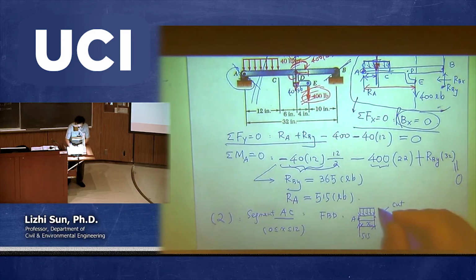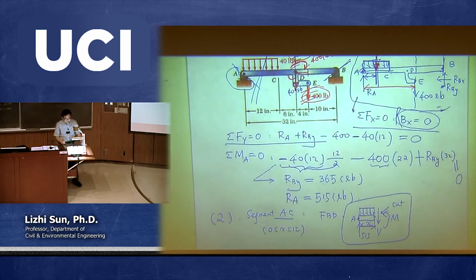Once I have this cut, typically we need to give 2 reactions, right? One is the shear force V, and then the bending moment M. Okay, so this is a new free body diagram. Now we are making the equivalence between the distributed load and the concentrated load.